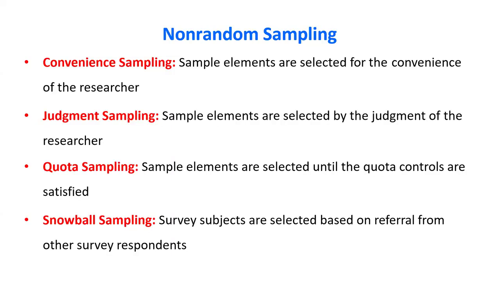So I'll jump to non-random sampling now. I think most of the time, whoever has done any kind of survey analysis in the past usually goes with these kinds of sampling techniques.